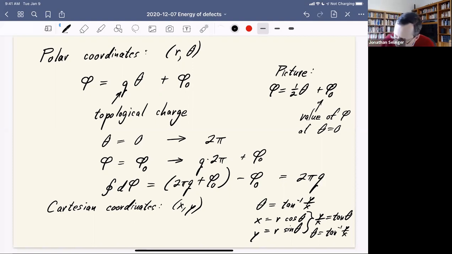Okay, so I'll just substitute that for theta in the equation up there. Okay, so we get then that phi is q times the inverse tangent of y over x, again, plus this phi 0 constant.